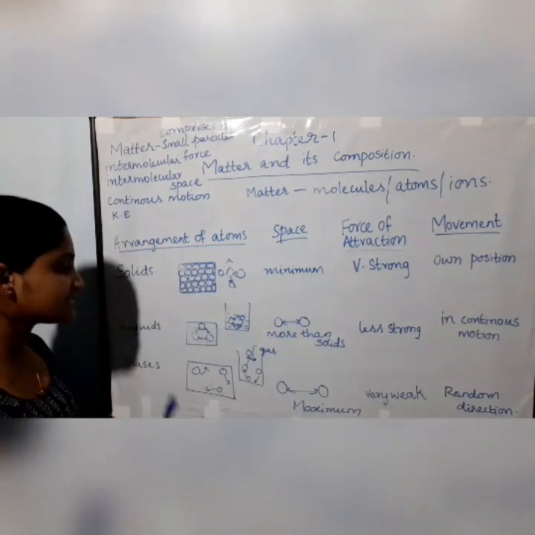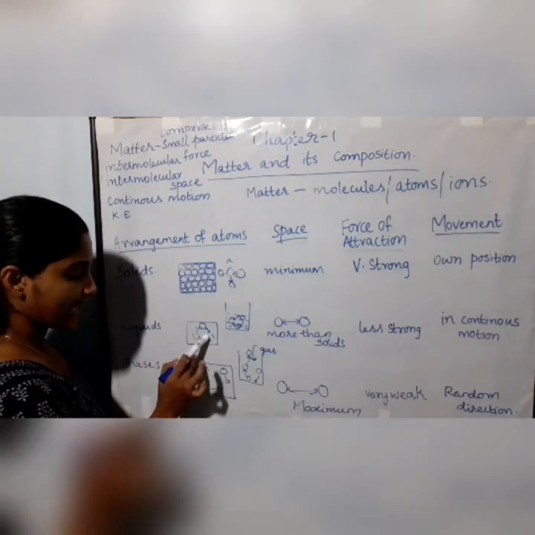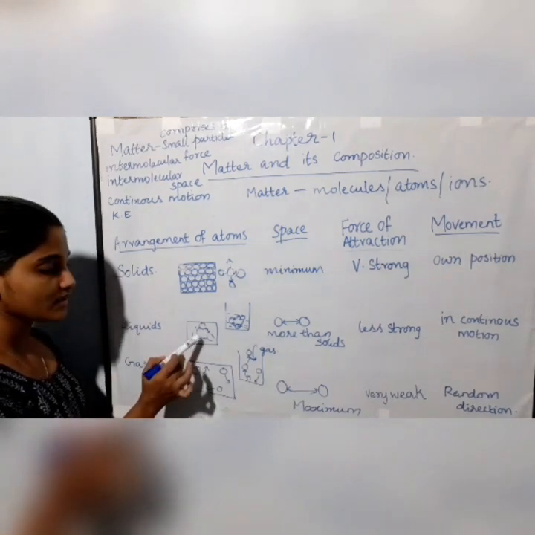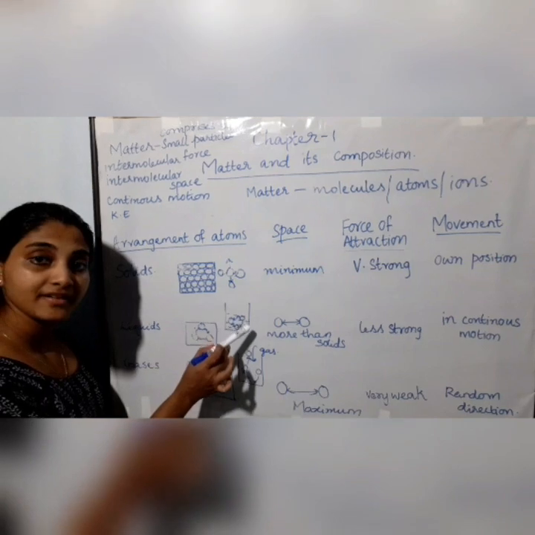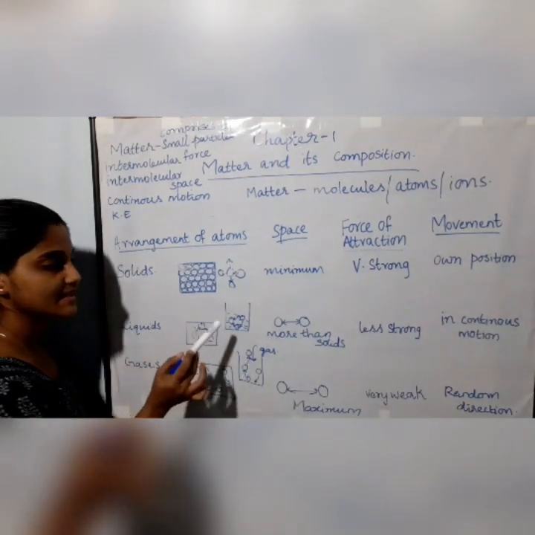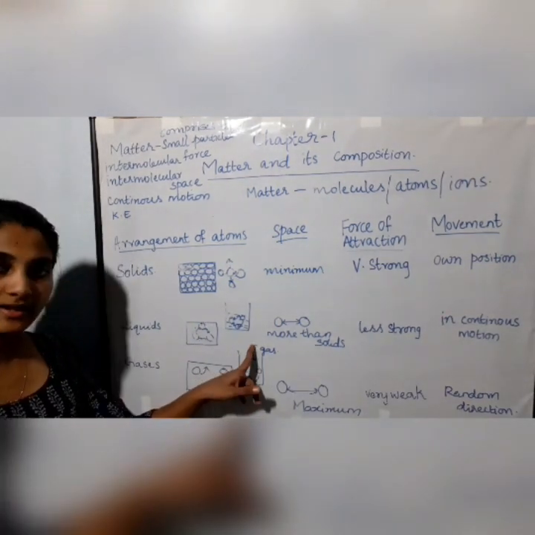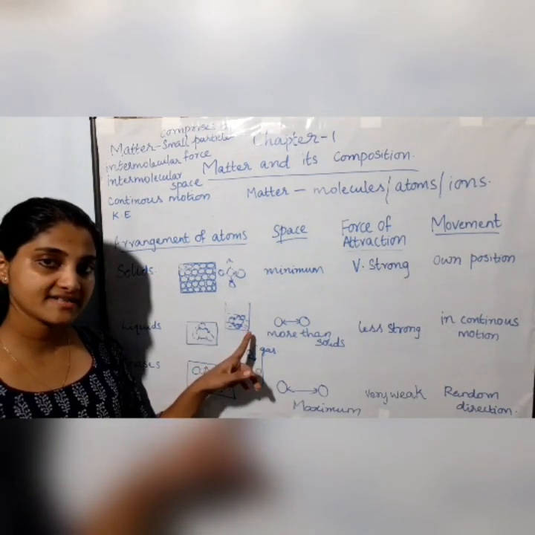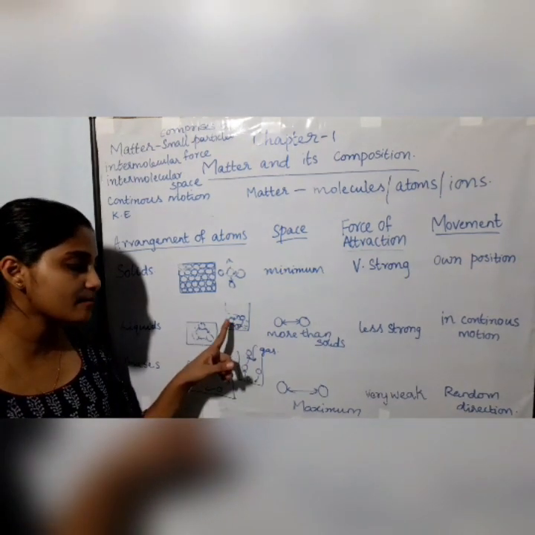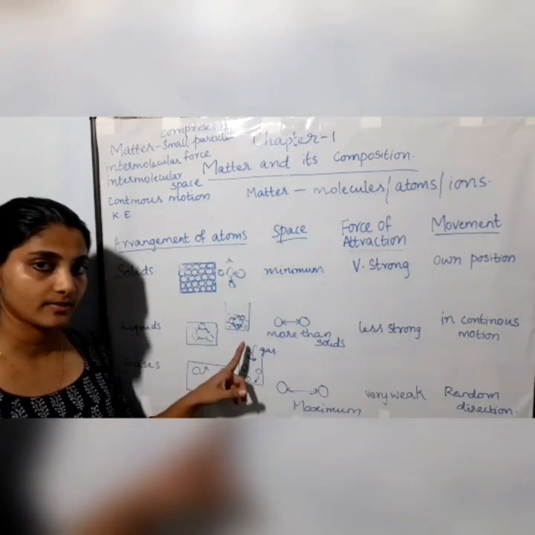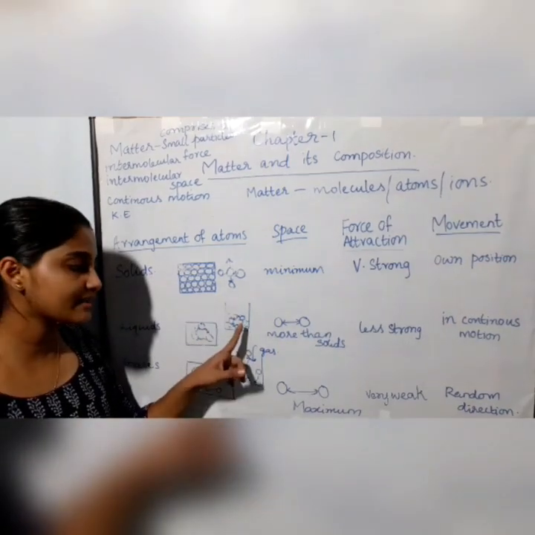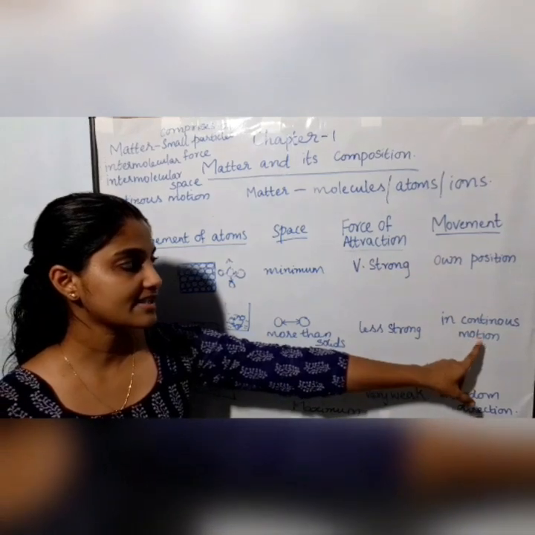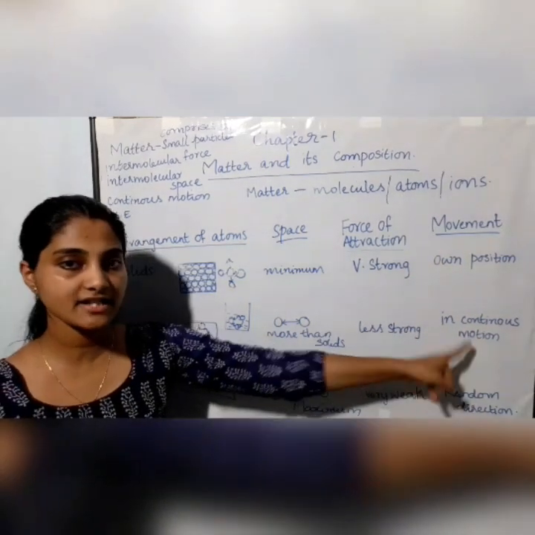In the case of liquids, the atoms are slightly far apart, so they have some space to move. So what happens? They are in continuous motion in case of liquids. Say for example, you take a liquid in a beaker, and if you see the movement of these atoms or molecules, you can see that they move within the liquid. They do not come out of the liquid, but they move within the liquid. That is the movement in case of liquids, that is, continuous motion.